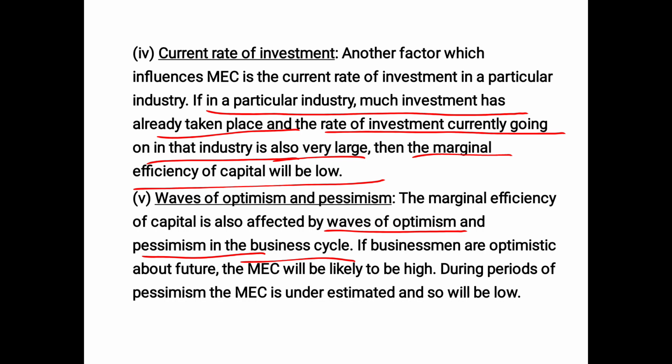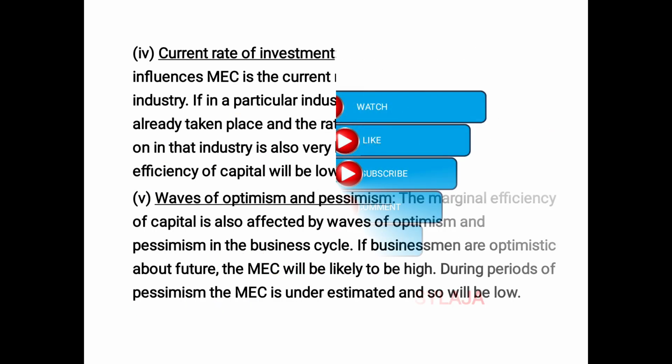So MEC will likely be very high. During the period of pessimism, what happens? It will become very low. If it is optimistic, business becomes higher. When it becomes pessimism, it becomes very low. You think in a different way where your business does not flourish.